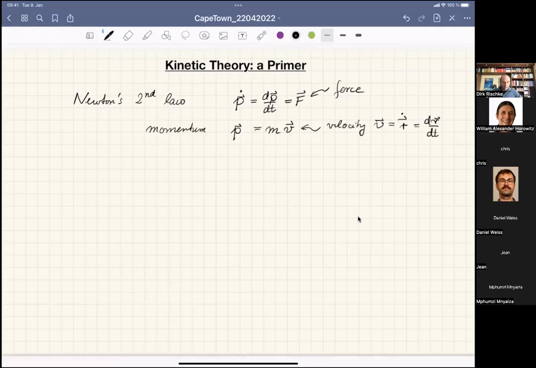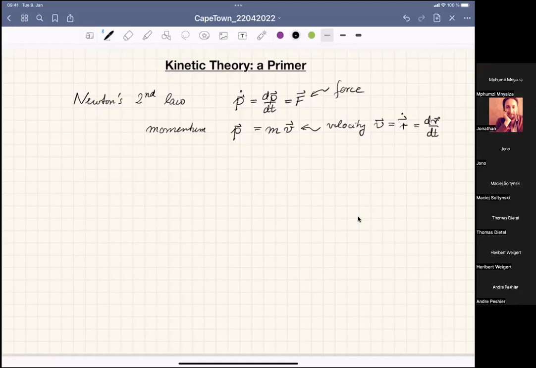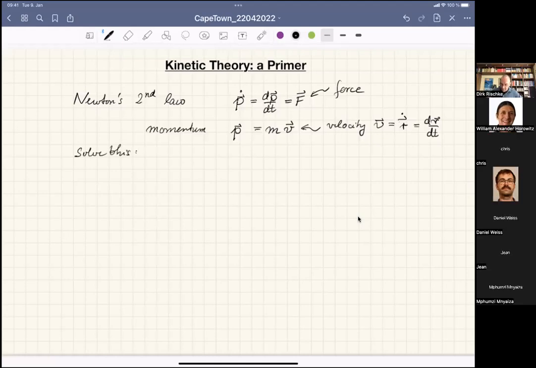And how do you solve that usually? Well, you take the second law and insert the definition of the momentum. P dot is, you assume the mass doesn't change with time. In very special cases this would happen in a non-relativistic setting, if you have a rocket that loses part of its mass by burning fuel, or a car, but usually your gas tank is not that large compared to the total mass of the car.